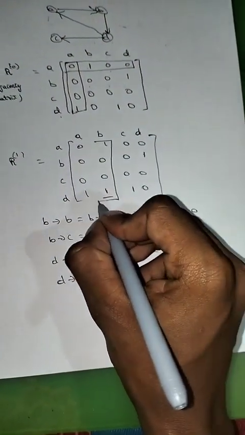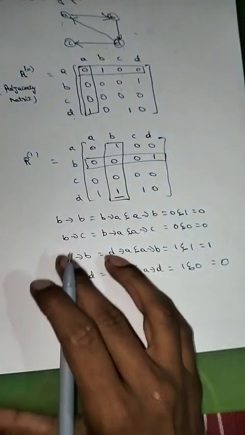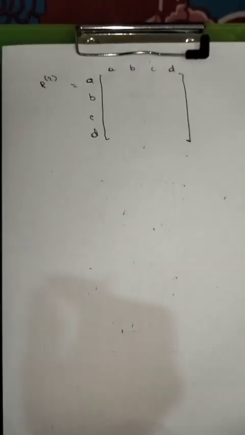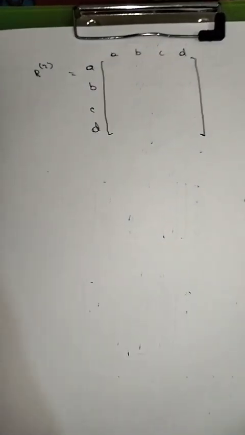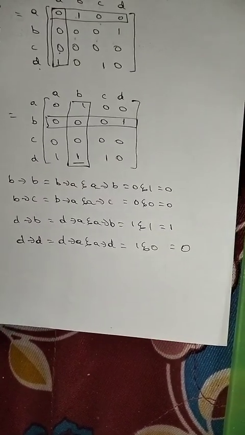Now we will mark the second row and second column with respect to vertex B. Now we are going to find R2 with respect to R1, that is, with respect to vertex B. Since we mark the second row and second column, we write them the same.